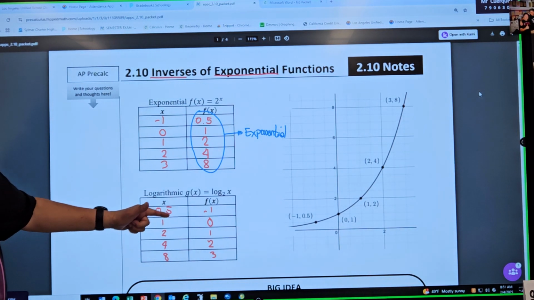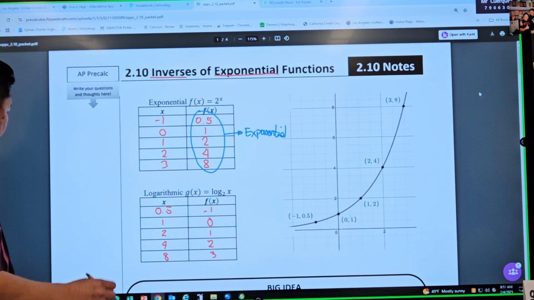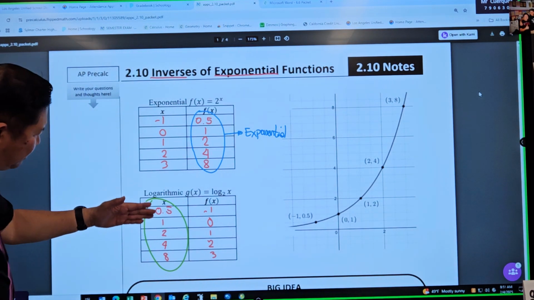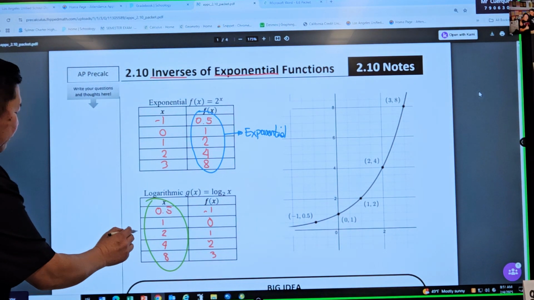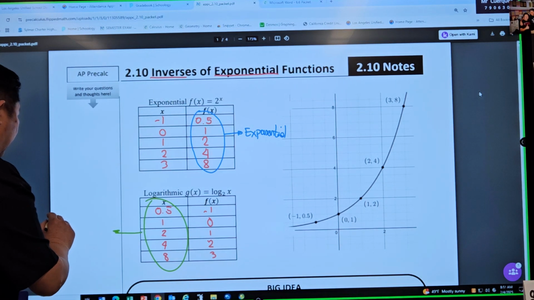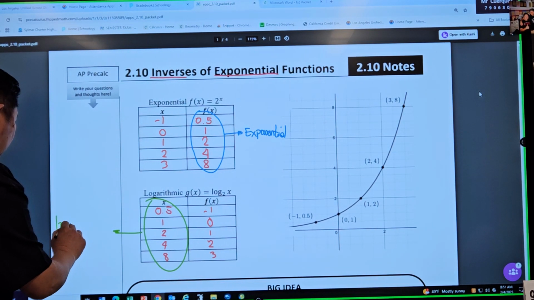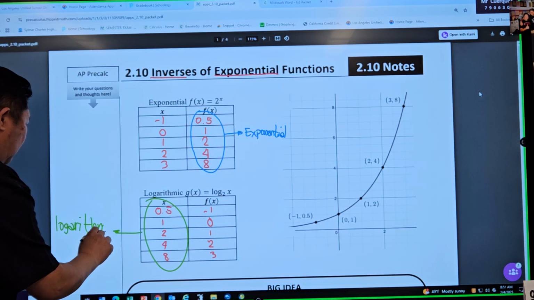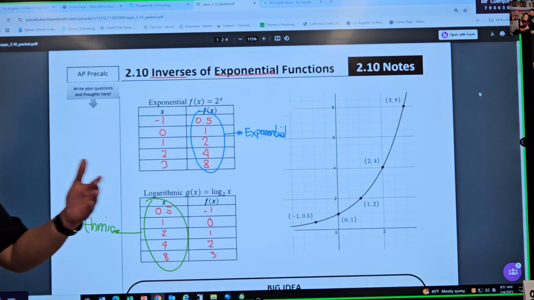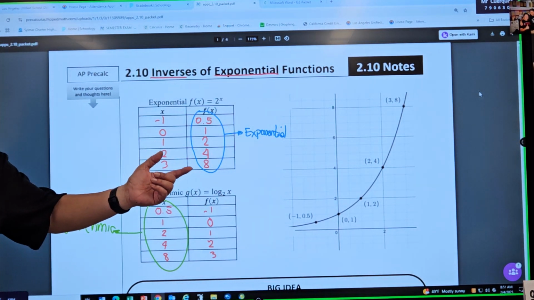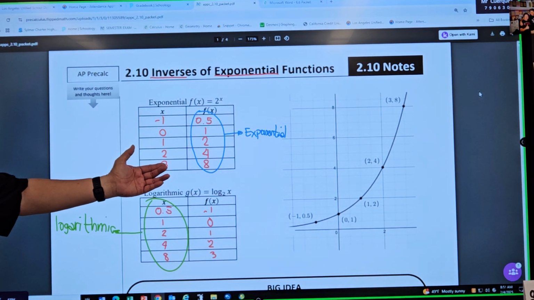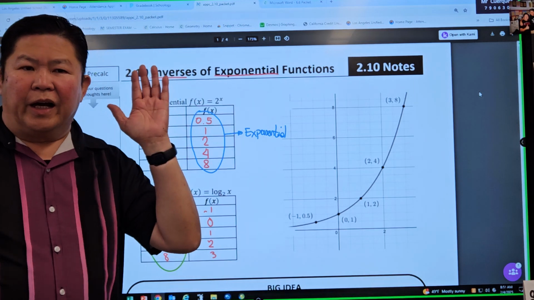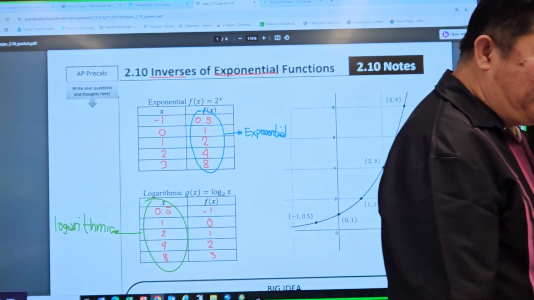Is it in the x or in the y? It's in the x, right? This one. So therefore, this is being multiplied right here. So we can say that this is logarithmic. That's how we identify from the table whether it is exponential or logarithm. Makes sense, right?